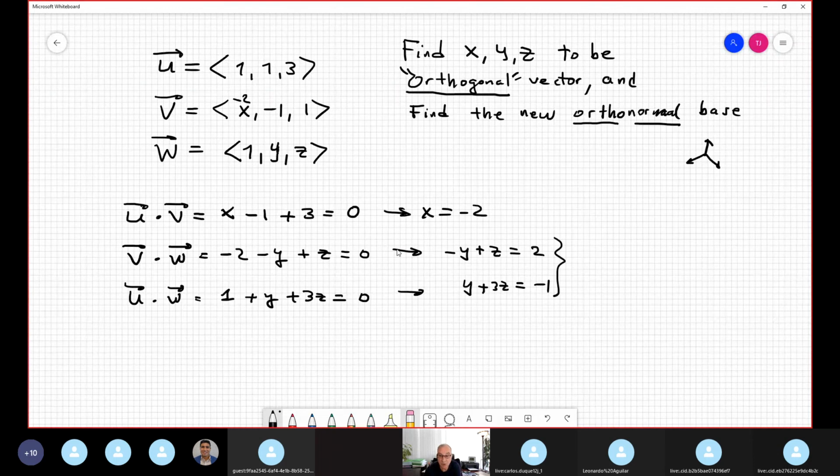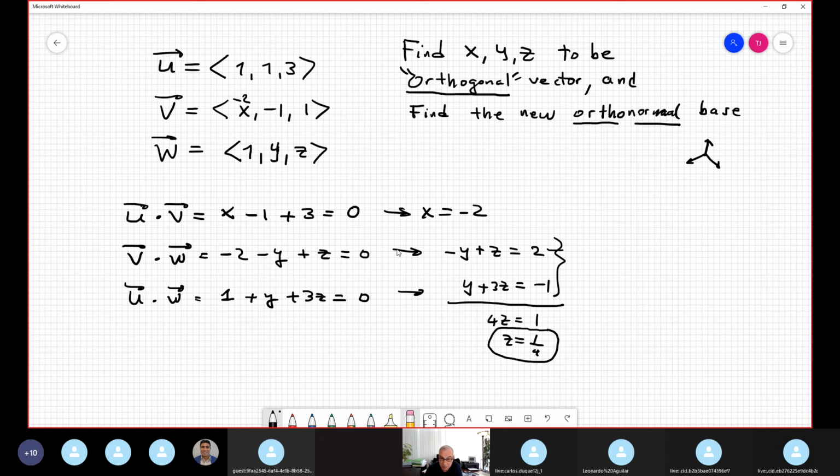So we have a system of two equations with two unknowns. Apply elimination, addition: y and negative y cancel out. So 4z equals negative 1, no, positive 1. Therefore z is 1/4. In order to find the y value, plug in either equation.